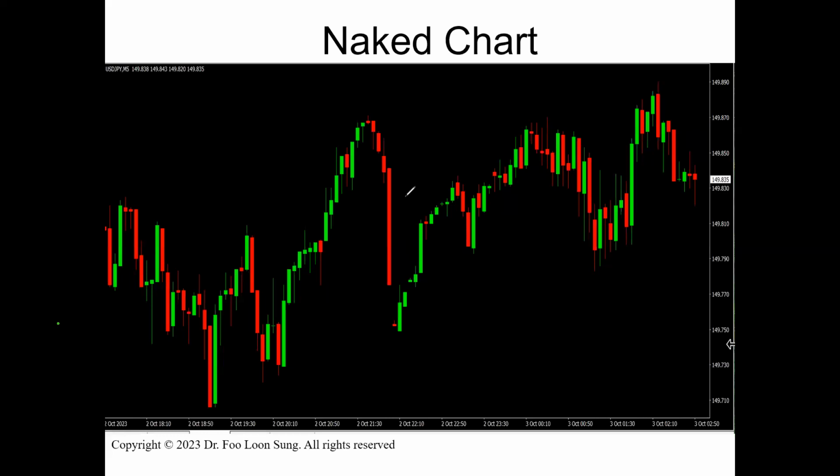As you can see, there is no disruption. This is a very clean chart, and that's why it's called a naked chart, because there are no other indicators or oscillators on the chart. The whole idea of using a naked chart is that it is based on price and space.